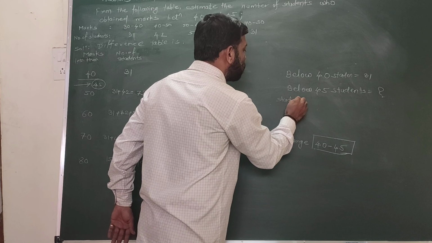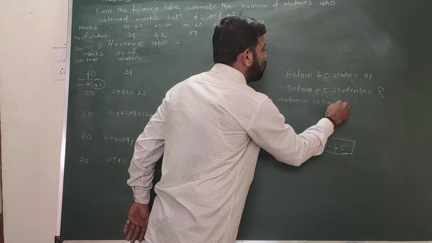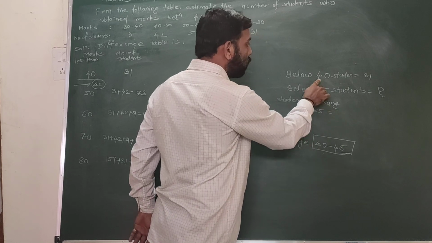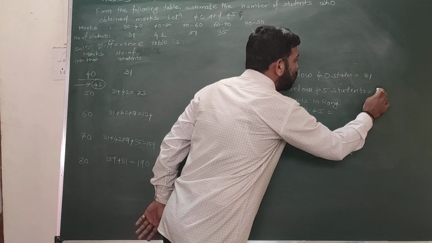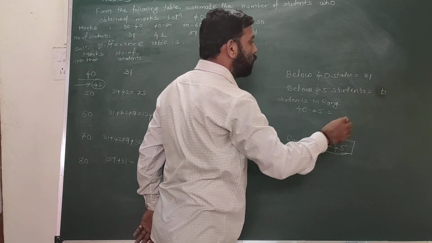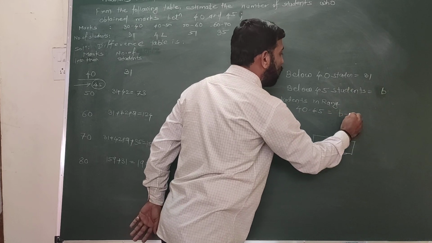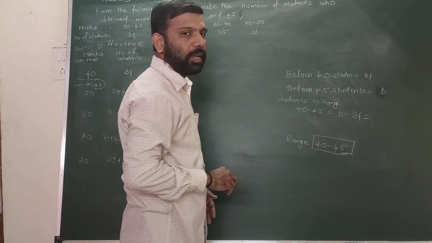Students in the range 40 to 45. So for 45, suppose the number of students is B, then B minus 31 is nothing but our range.